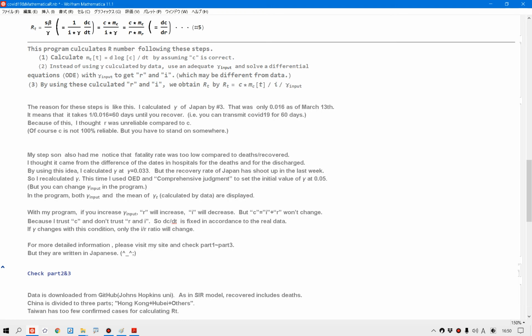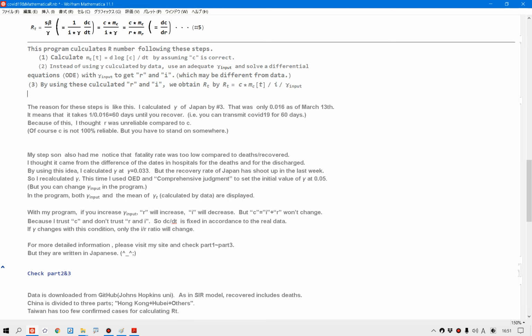I thought it comes from the difference of the dates in hospitals for death and for discharge. Using this data, I calculated gamma at 0.33, but the recovery rate of Japan has shot up in the last week, so I recalculated gamma. This time I used ODE and comprehensive judgment, which I'll talk about later, to set the initial value of gamma at 0.5.